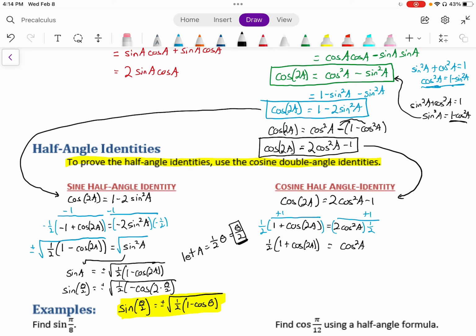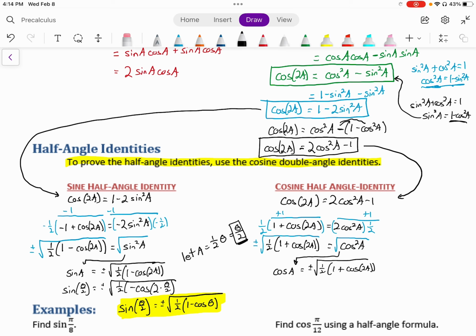Take the square root of both sides. Make sure we put plus or minus. And we're going to again put this first. So we have cosine of a equals plus or minus the square root of 1/2 times 1 plus cosine of 2a.